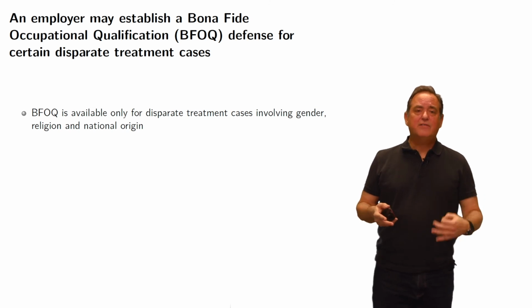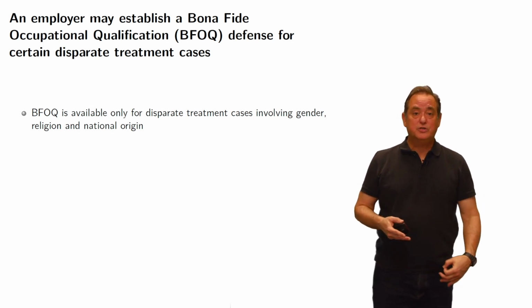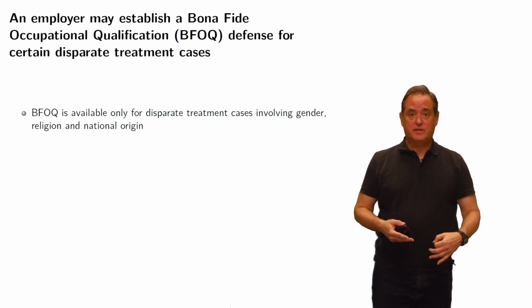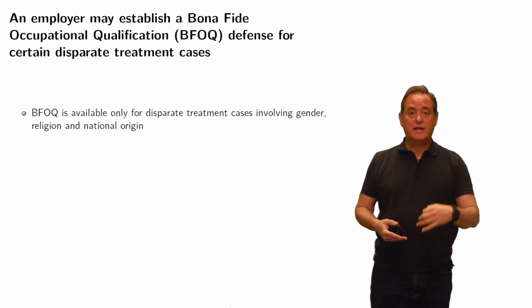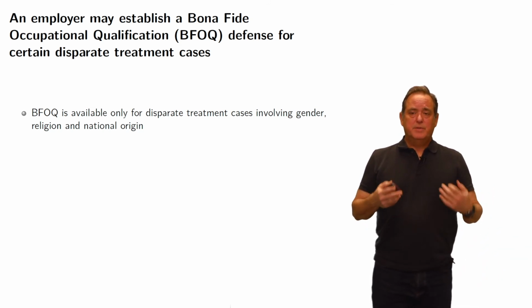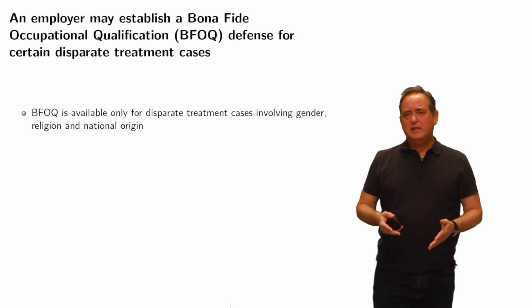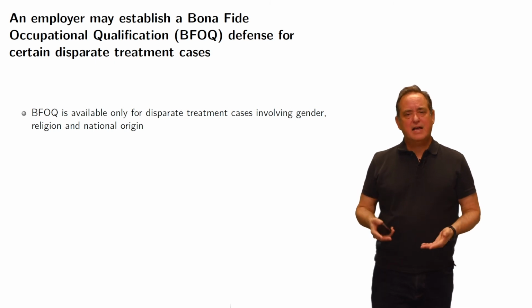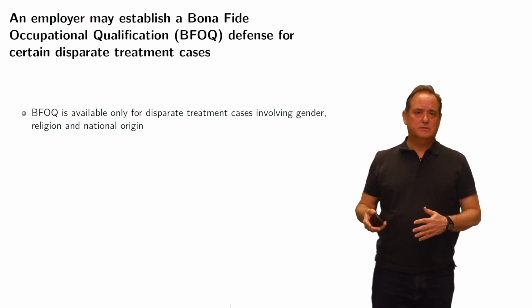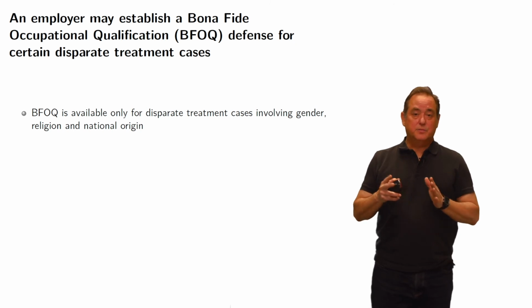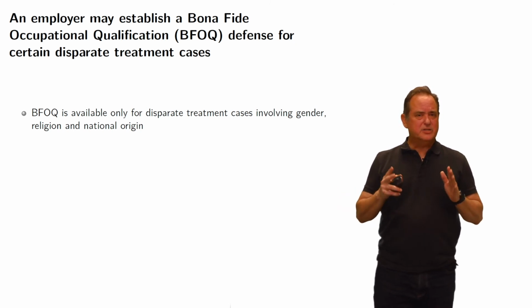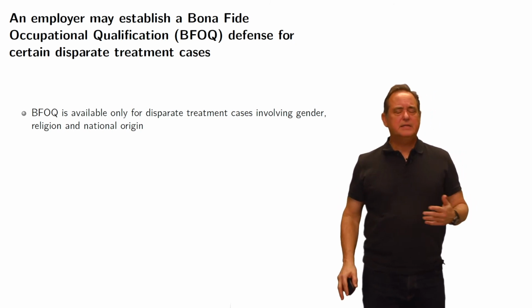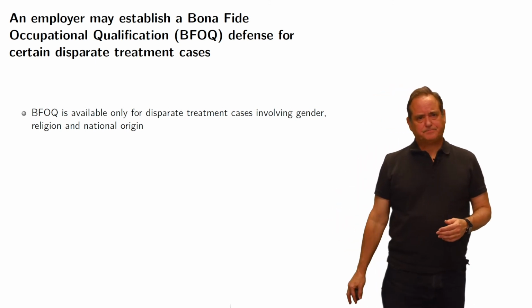I can never have a job that says I must choose someone black for the job, or I must choose someone white for the job. BFOQ is only available for sex, national origin, and religion. And it is available, as we'll see when we get into discrimination, in very limited ways.